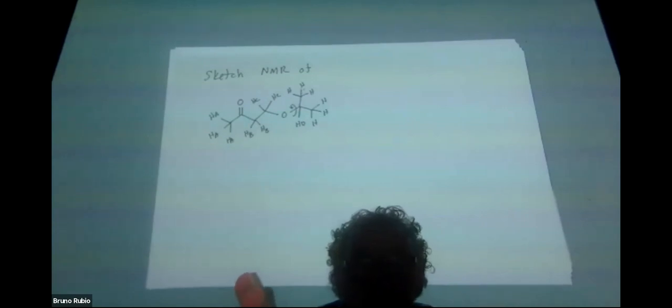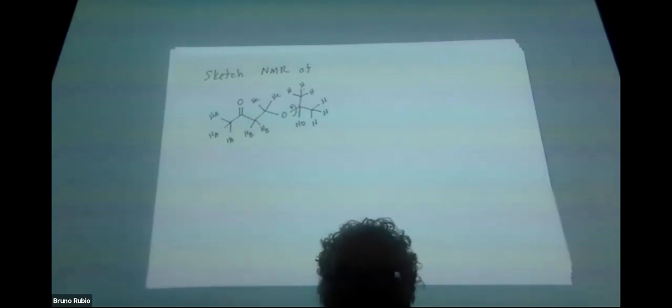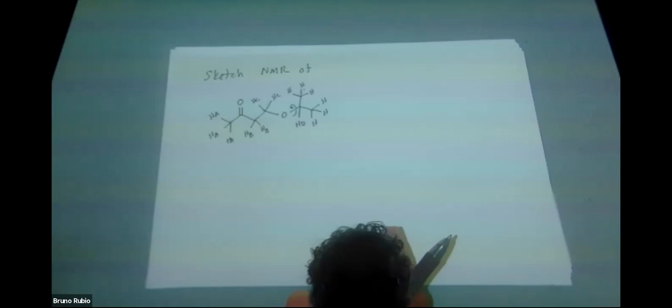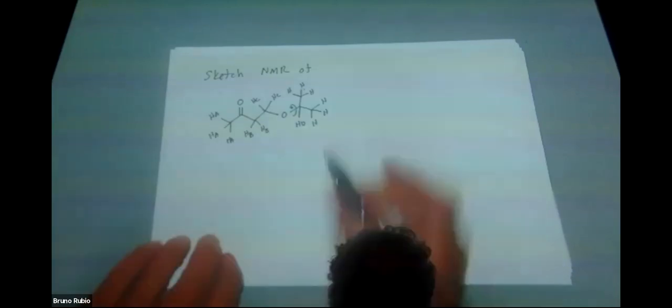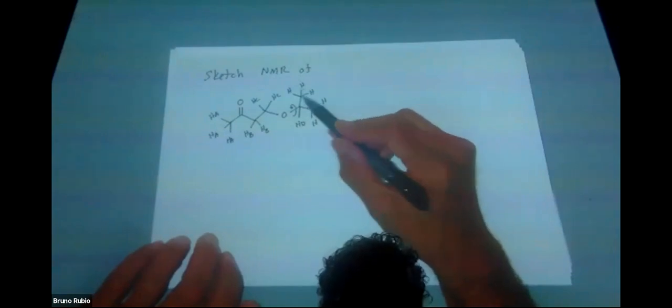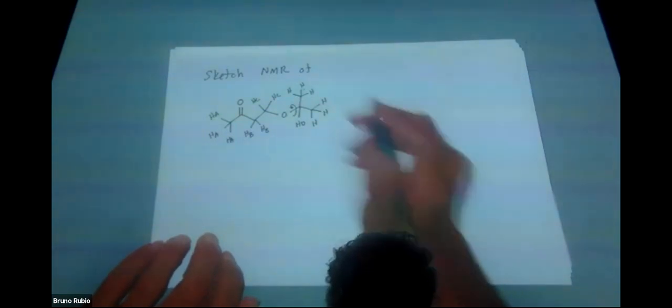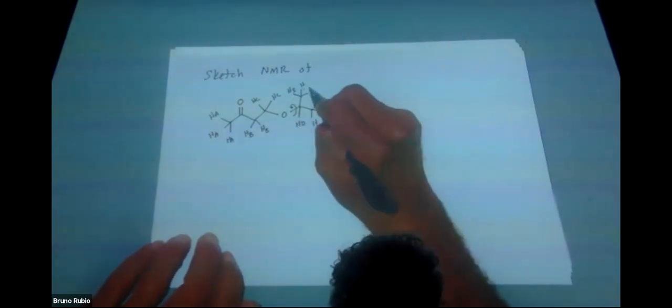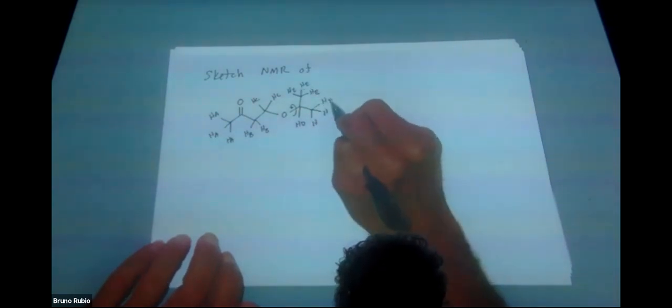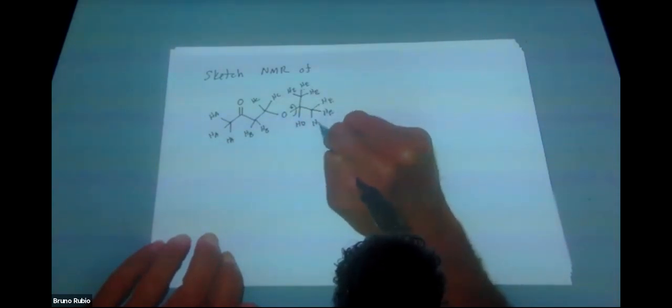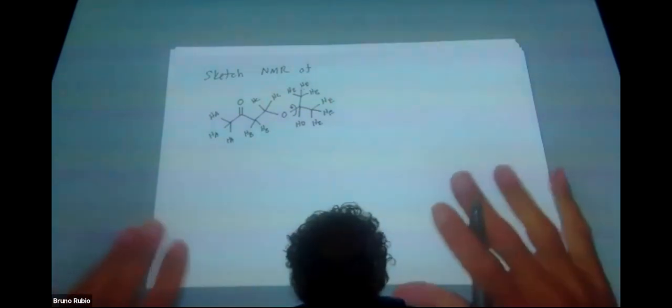So they are exchanged by the rapid mechanism, just like the axial protons and the equatorial protons in chair cyclohexane are exchanged by a rapid mechanism. So all 6 of these protons are all equivalent to each other, not by symmetry, but by a rapid mechanism. So I'm calling these all the HE. So there are 5 signals.